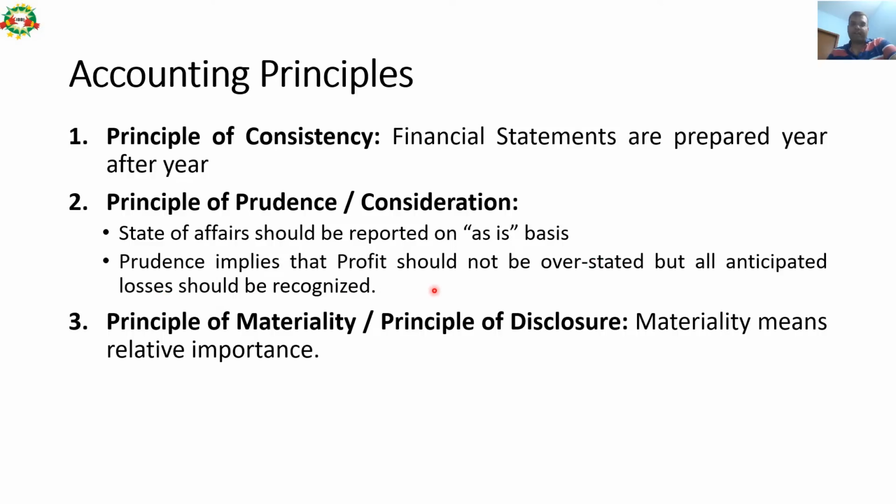Prudence implies that profit should not be overstated, but all anticipated losses should be recognized. So we should not overstate the profits. However, any anticipated loss should be immediately recognized. We should not defer or delay any expected loss.